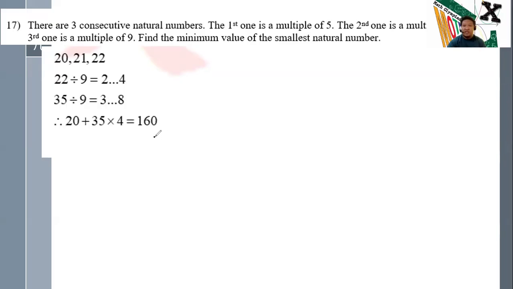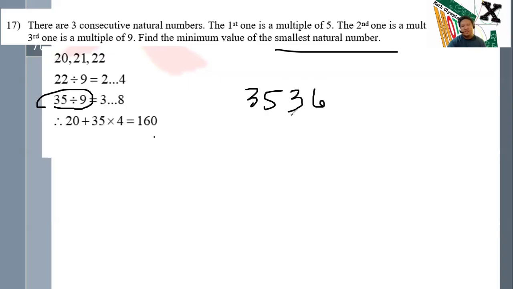To solve for that, we need to find the first number that will give us that situation. Now we can go with the next possible number, 35. Why did we have 35? Because we have 35 and 36 next. So 35 and 36 are those two numbers that are a multiple of 7 and a multiple of 9 right away.